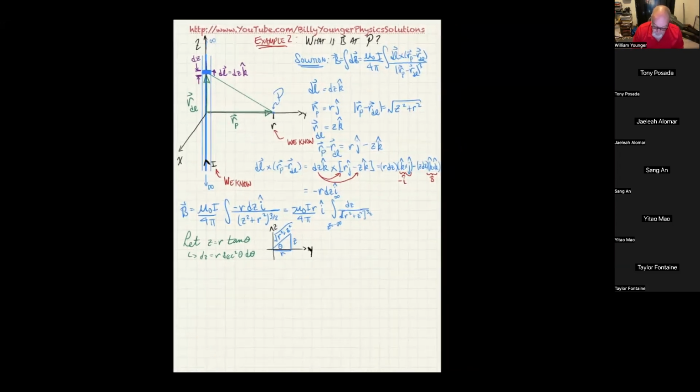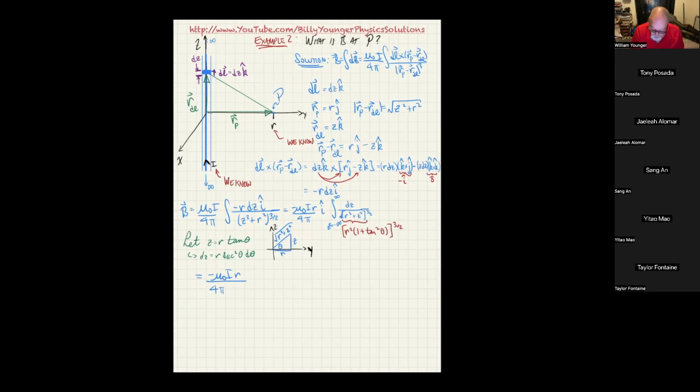So I can now use my new variable in this integral. That's going to give me negative mu 0 I r over 4 pi. And I'm going to leave the space under there because I think you can see that when I made this substitution, this becomes r squared times 1 plus tangent squared theta, raised to the 3/2 power.